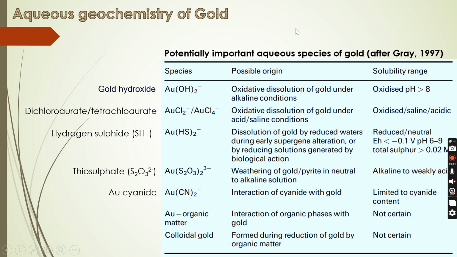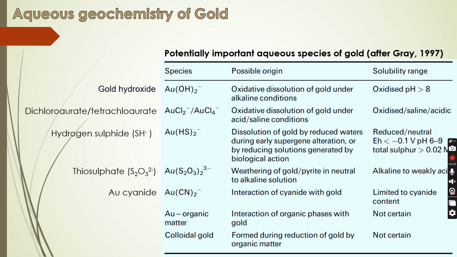Now coming to the basic aqueous geochemistry of gold, because solution chemistry and fluid chemistry are very important to understand, and that will lead to evaluation depending upon the rock chemistry.